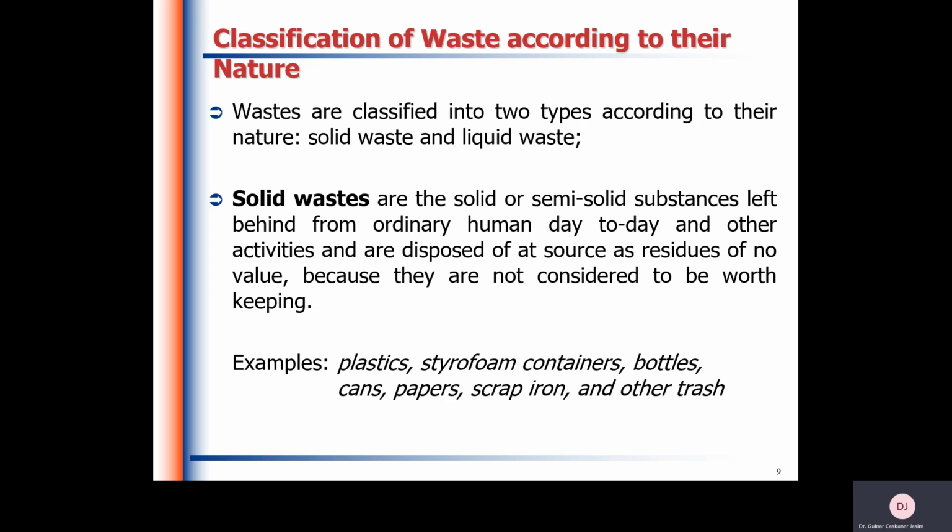Classification of the waste according to their nature. Wastes are classified into two types according to their nature: solid waste or liquid waste. Solid waste, as you can understand from the name, is solid or semi-solid substances left behind from ordinary human day-to-day and other activities and disposed of at source as residues of no value, because they are not considered worth keeping.